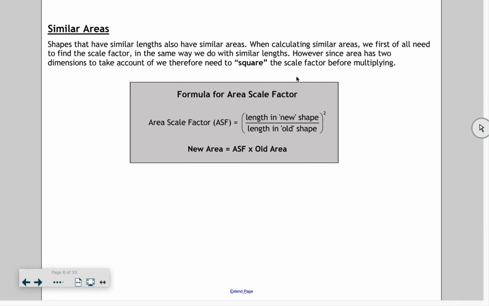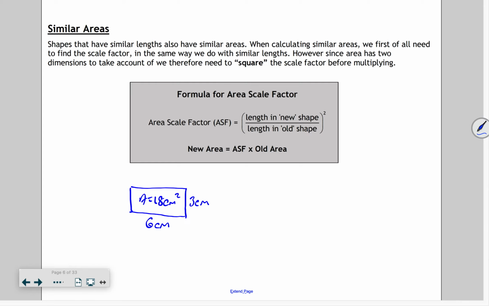So let's consider a rectangle. If I consider a rectangle that measures 6 centimeters by 3 centimeters, the area of that obviously is going to be 18 square centimeters.